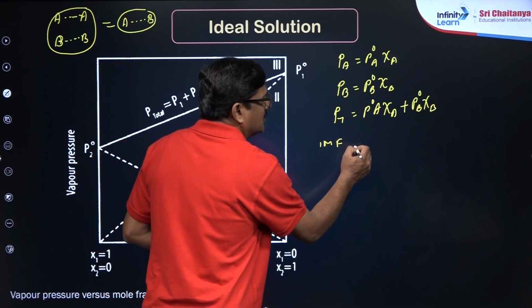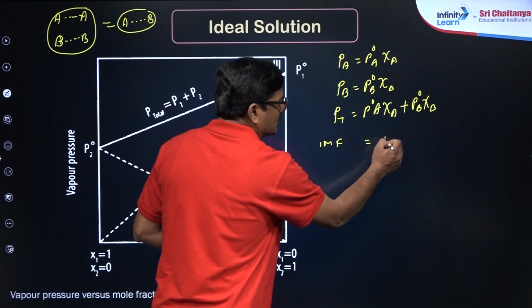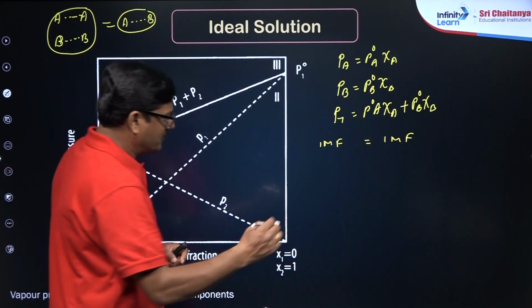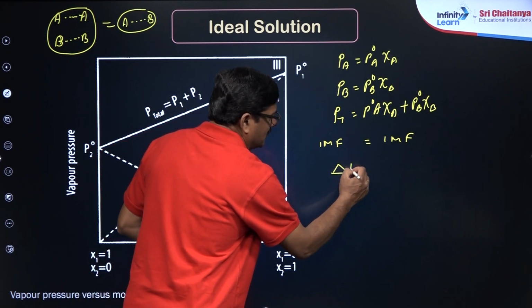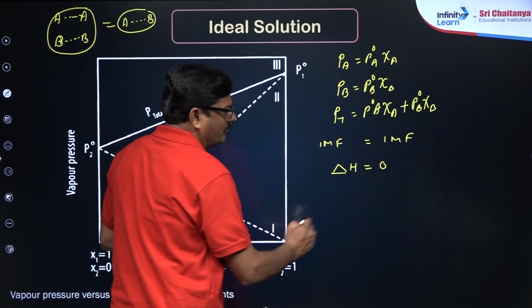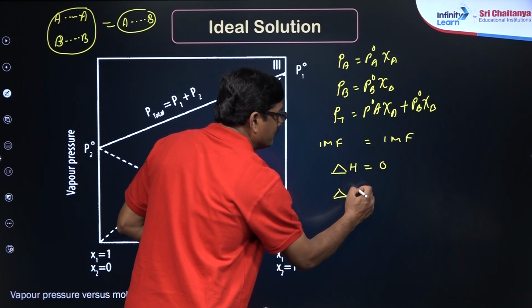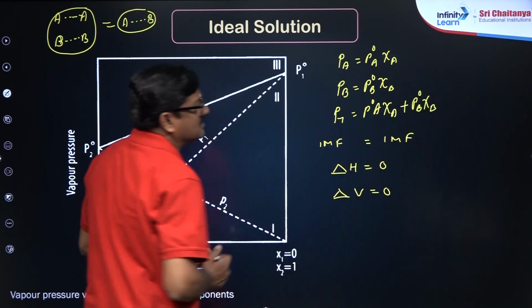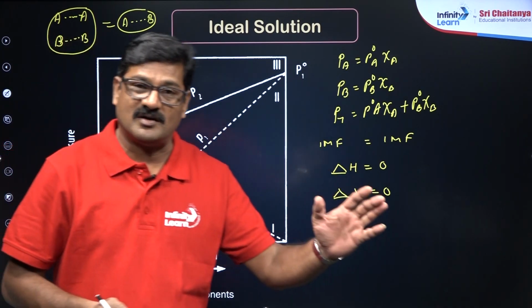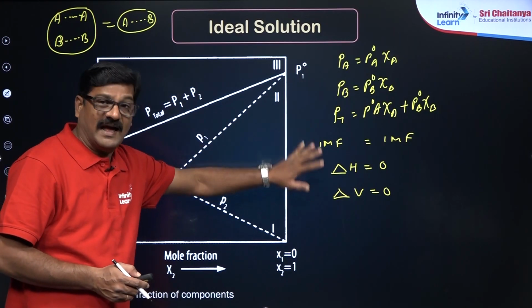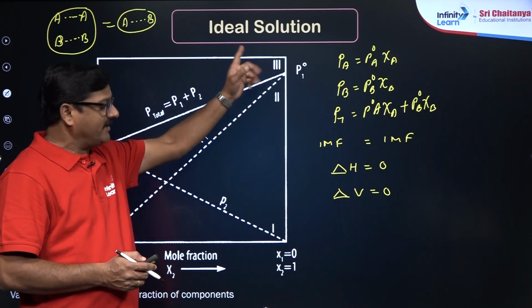Intermolecular forces before mixing are equal to intermolecular forces after mixing. Therefore, enthalpy of mixing is going to be 0 and change in volume is going to be 0. So, there is no heat change and no volume change. These are the criteria that have to be followed for an ideal solution.